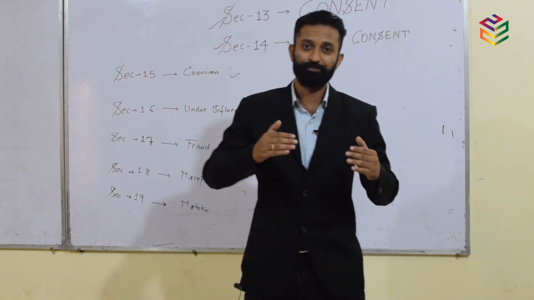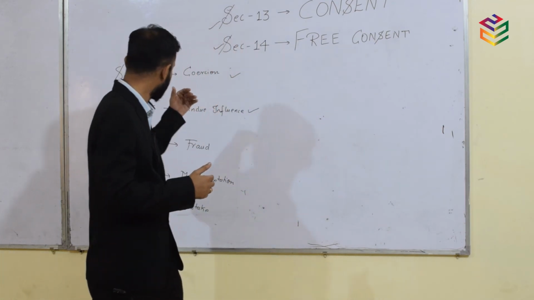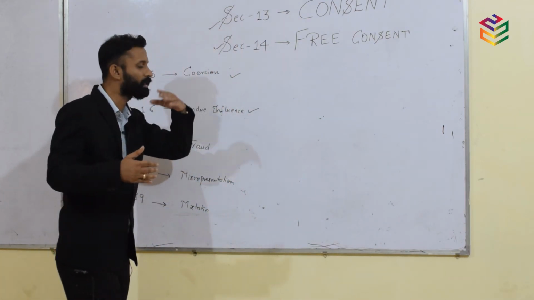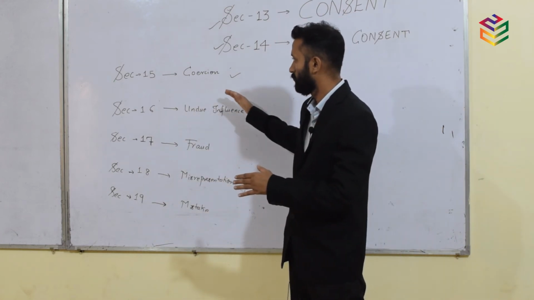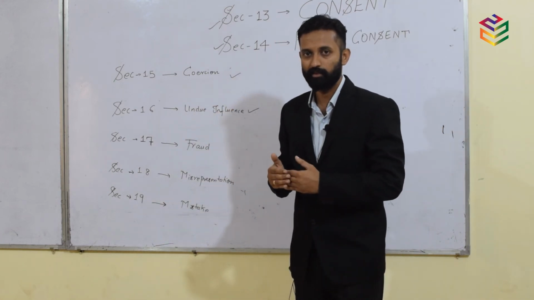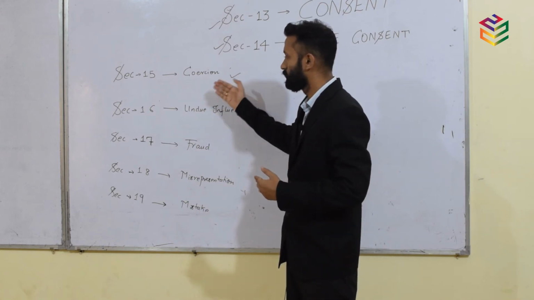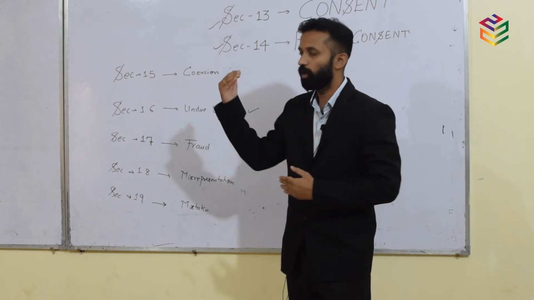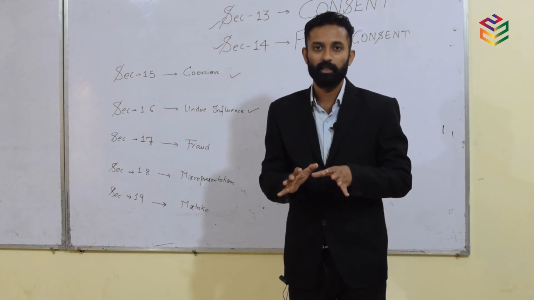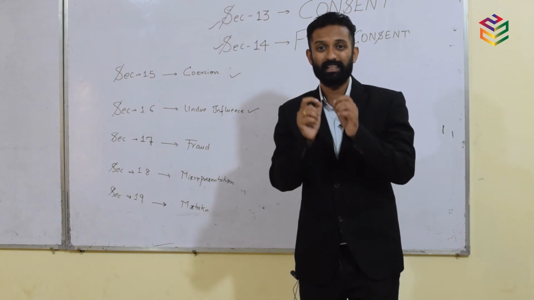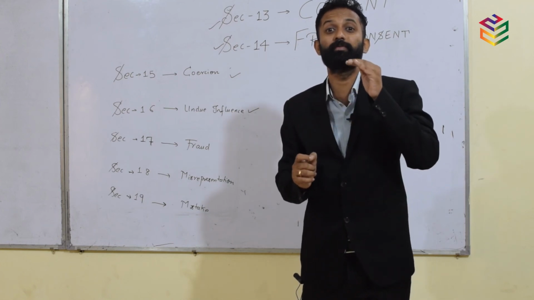Now people, if you peruse right from section 15 to section 19, you observe that if the consent is obtained either because of coercion, of undue influence, of fraud, of misrepresentation, the contract will be treated as voidable.